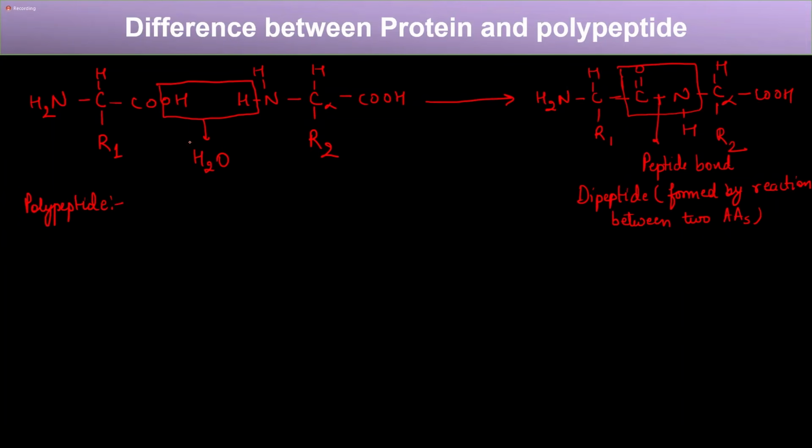When these multiple amino acids are linked to each other via peptide bond formation, then this chain will be known as a polypeptide. This chain is linear, so we can write that a polypeptide is a linear chain of amino acids that is formed by joining multiple amino acids via peptide bonds.